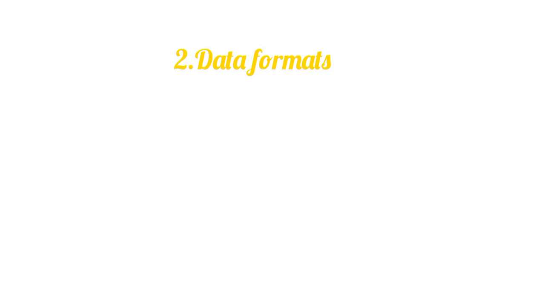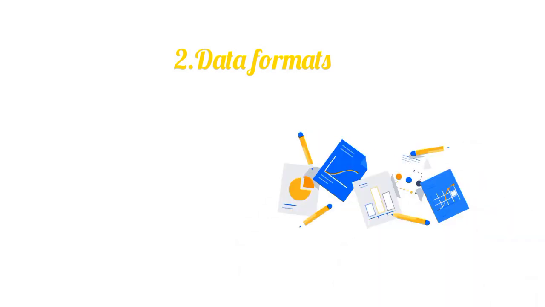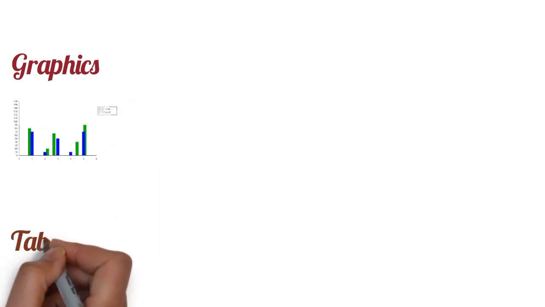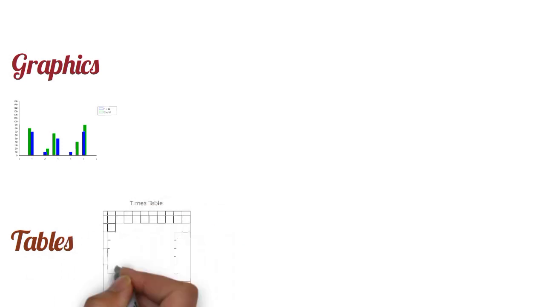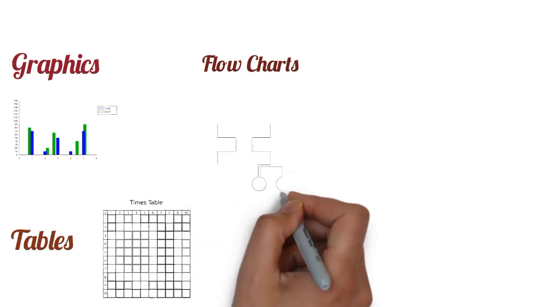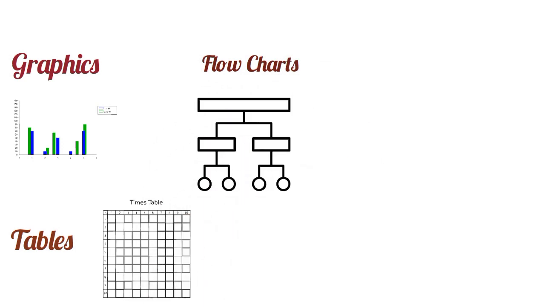2. Data formats. Data can be organized in various formats, including graphics, such as charts, graphs, and plots to visualize trends and patterns. Tables, to present data in a structured and easy-to-read format. Flowcharts, to illustrate processes and relationships.